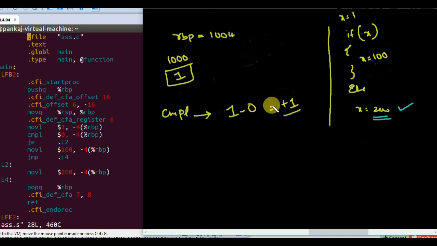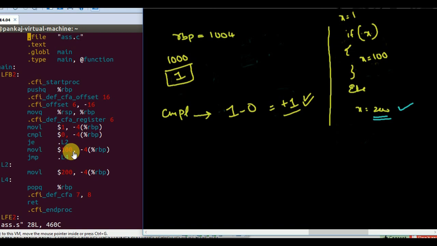According to this, internally it will do the operations and get to know that it is a positive value. Now here we can see jump if equal to 0. Is this value equal to 0? No, it is not equal to 0, so it will come here.